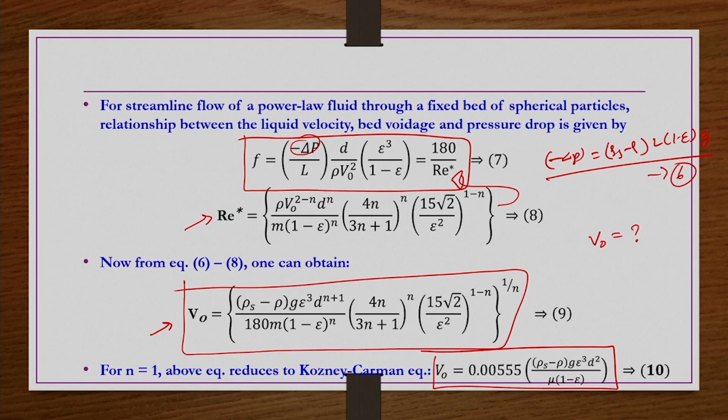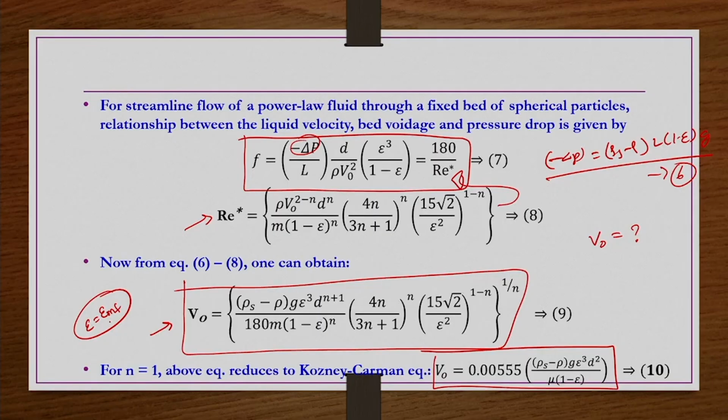Now in this equation, if you substitute epsilon equals epsilon mf, what is epsilon mf? Epsilon mf is the voidage at the minimum fluidized conditions, or incipient fluidization conditions, and it is the maximum voidage for the fixed bed condition, because after the corresponding velocity the bed is no longer a fixed bed, it is going to be under fluidized conditions.